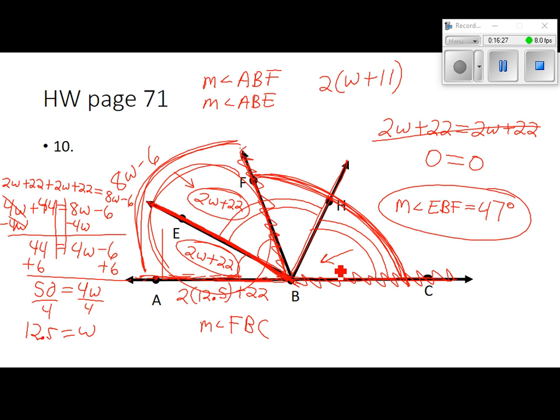Divide by 2. Now, here's where you gotta be careful. It's not actually gonna work out because this angle here is actually part of this other one. So when we divide it by 2, it's not gonna come out, but you got the right idea.